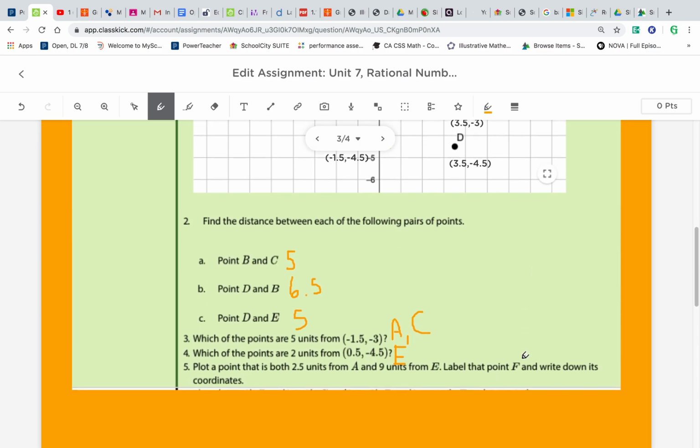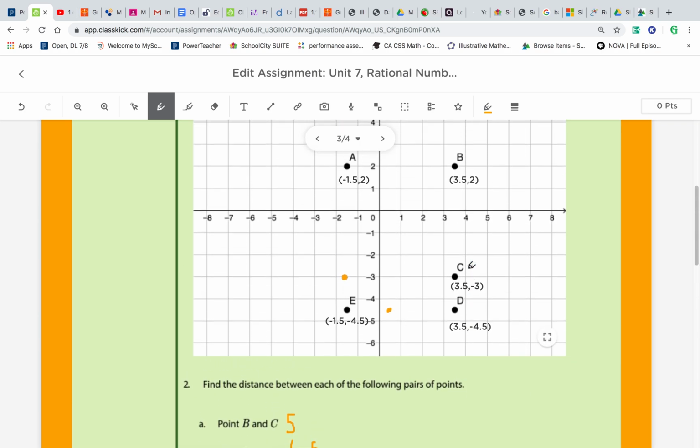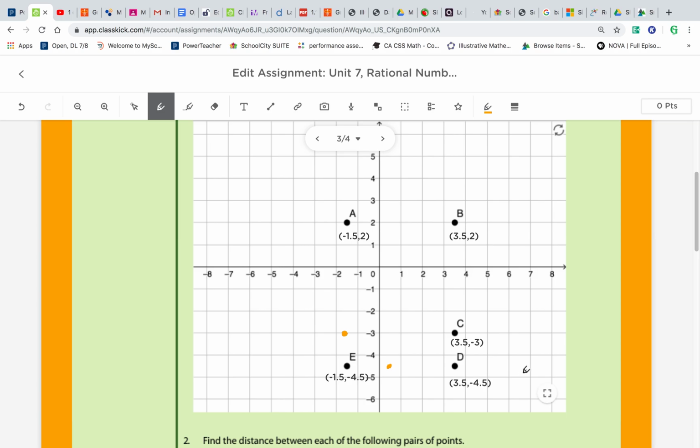But let's think about what the other requirement is. It's 2.5 from A. So if we go 9 this way, are we going to be just 2.5 away from A? No, we're not. If the coordinate plane extended down, we could go down, but we wouldn't be 2.5 from A. So our only option is to go up 9 and see where that takes us.